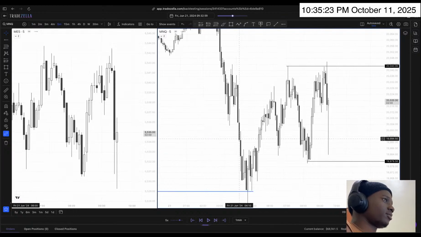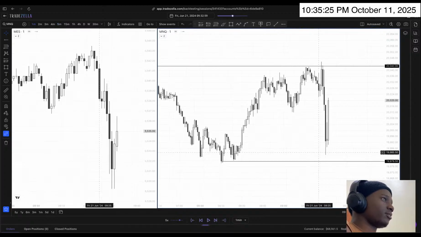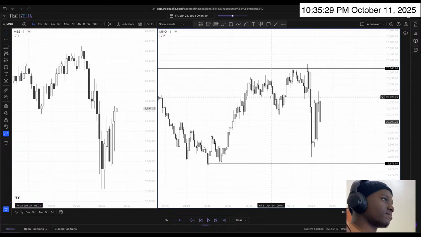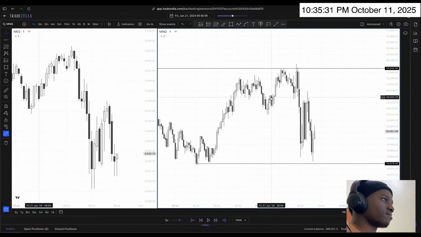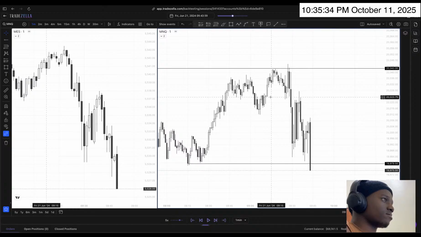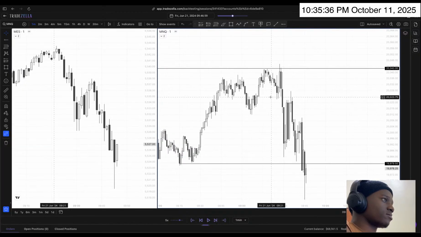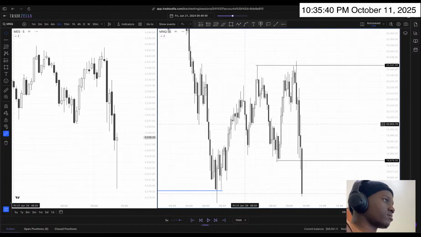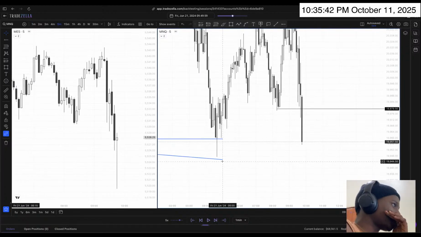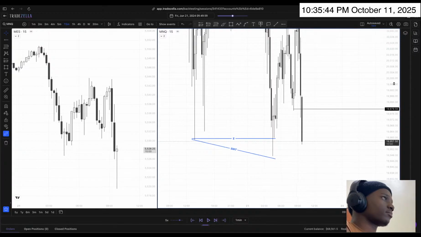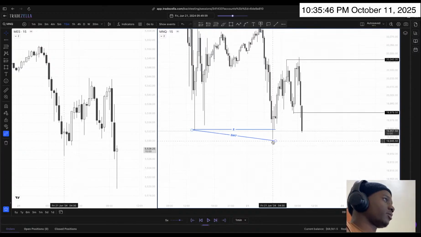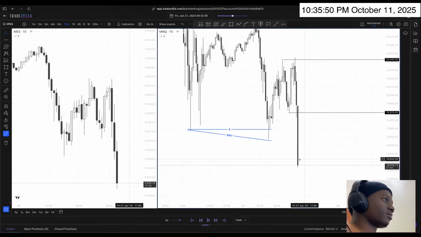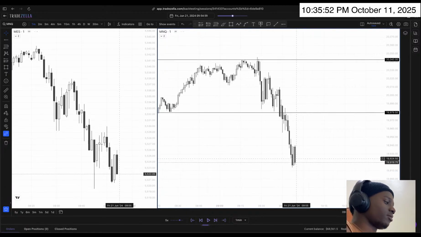Like to see this low get run, and there's the SMT. Pretty close to this low. Yes, has already run that, and you just did the same thing.